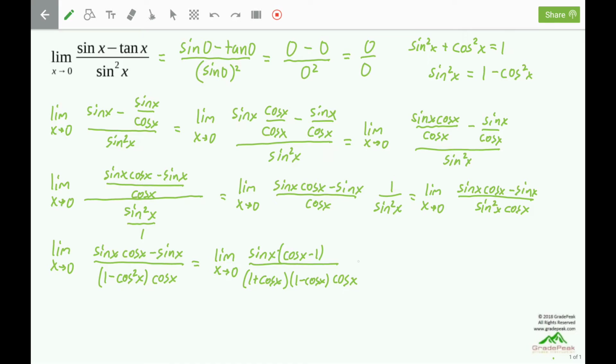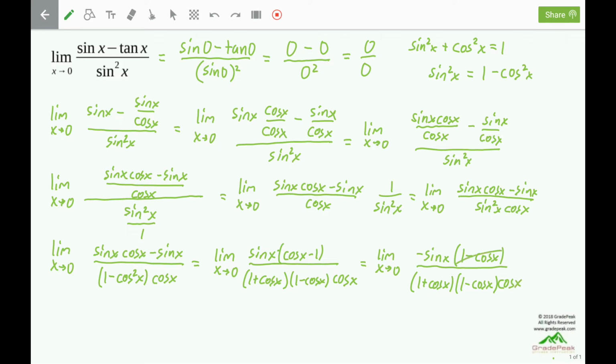They're opposite signs right now, so the next thing I'm going to need to do is factor a negative out. So that's what I'll do. I'll factor it out of the numerator expression, which will change the 1 to be positive and the cosine of x to be negative, and I will have 1 minus cosine of x. And in the denominator, I have 1 plus cosine of x and 1 minus cosine of x and cosine of x, all multiplying each other.